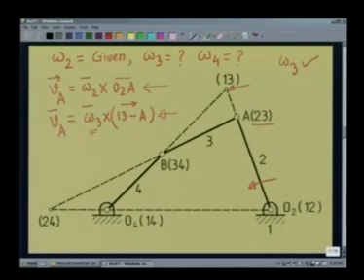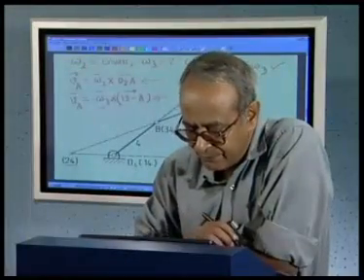To determine the output angular velocity, that is omega 4, that is of the line O4B, we consider the point 2, 4, which we have already located. Now, 2, 4 is a point whose velocity will be the same whether I consider it to be a point on body 2 or a point on body 4.